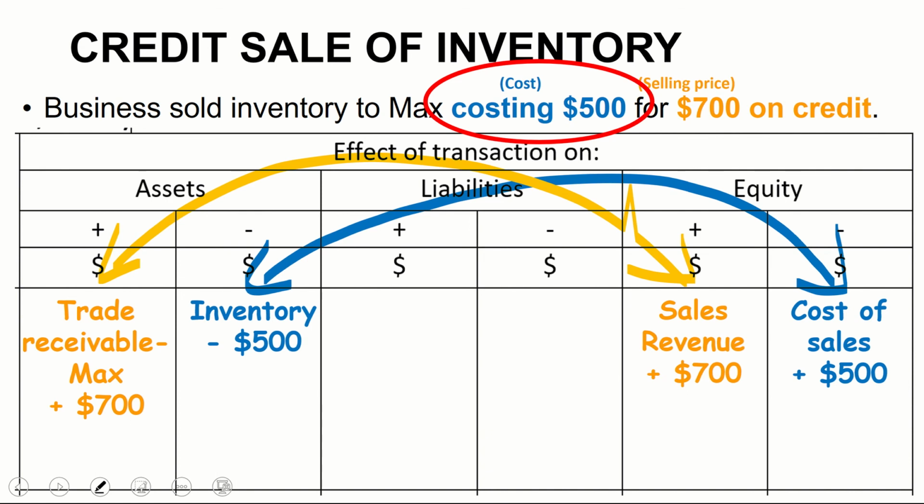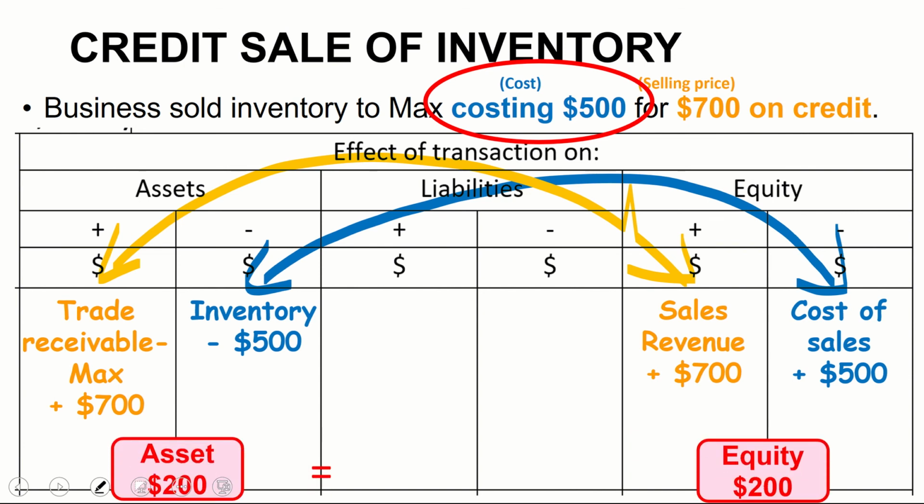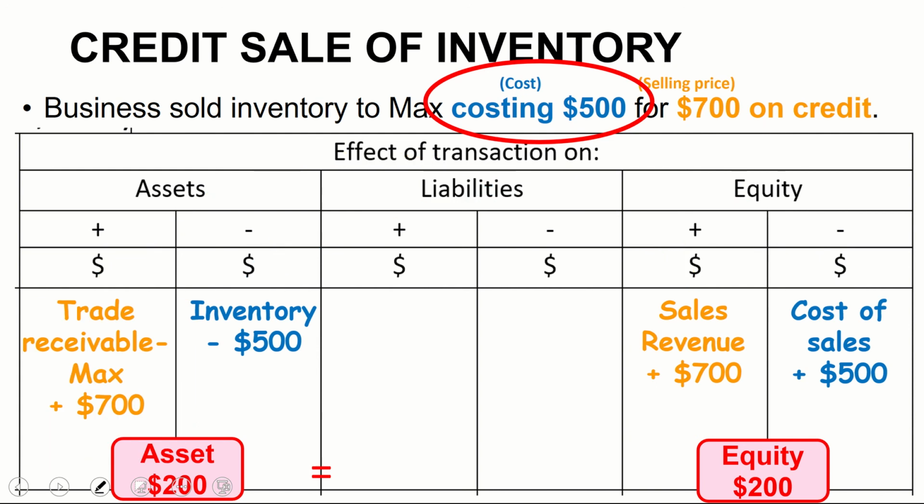Now, what about the accounting equation? How is this reflected on the accounting equation? Let's take a quick check. When you have trade receivable plus 700 and inventory minus 500, your assets increase by $200.